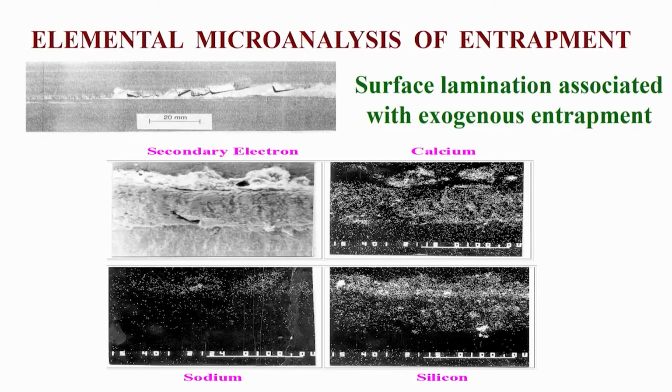But with hot rolling we are allowing whatever defects are there to come near the surface, at the subsurface, and then there is a problem. The differential plasticity, the differential formability of the inclusion vis-a-vis the steel matrix, creates this surface lamination or crack formation.